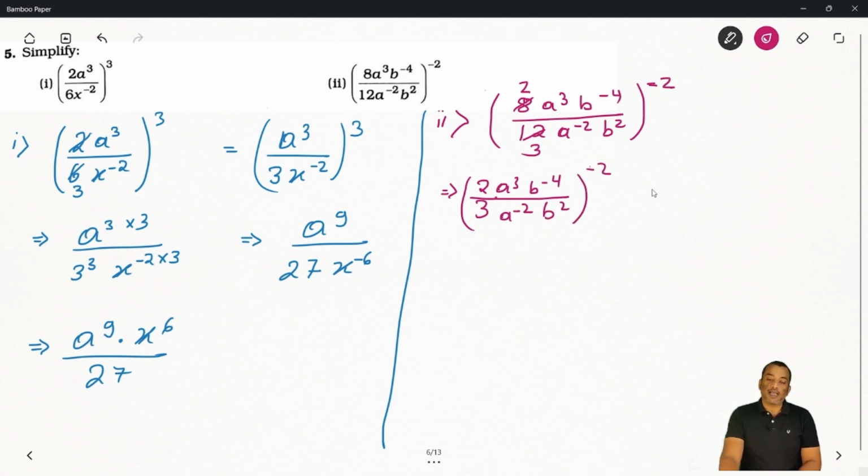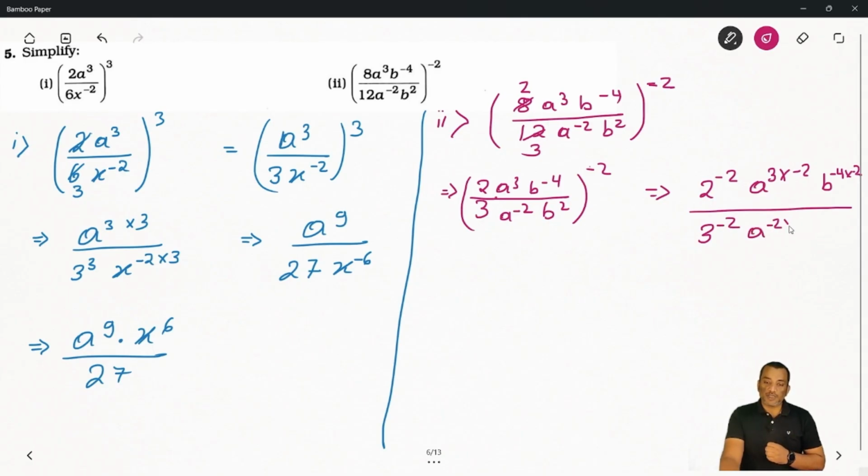Now you can apply the minus 2. So you can say 2 to the power minus 2, and then a to power 3 times minus 2 and b to power minus 4 times minus 2. And last, 3 to power minus 2 and a to power minus 2 times minus 2 and b to power 2 times minus 2. So how much will you get here?